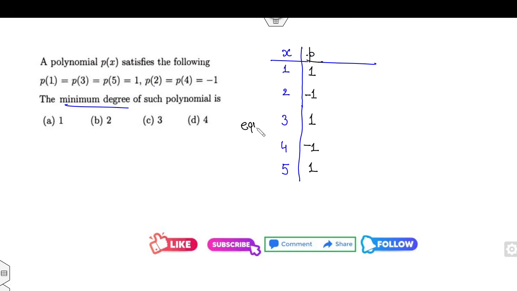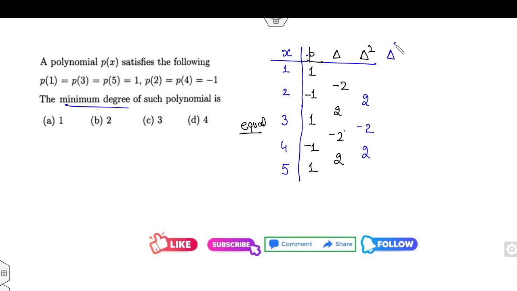You can see they are equally spaced. So I can easily compute the divided difference: minus 2, plus 2, minus 2, plus 2. What is the second divided difference? Divided difference divided by 2 factorial: 2 minus 4 divided by 2, plus 4 divided by 2.